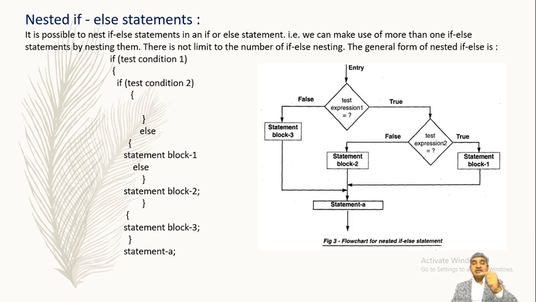If the first test expression is false, statement block 3 is executed. If test expression 2 is false, statement block 2 is executed. And after execution of statement block 1, 2 or 3, statement A is executed.